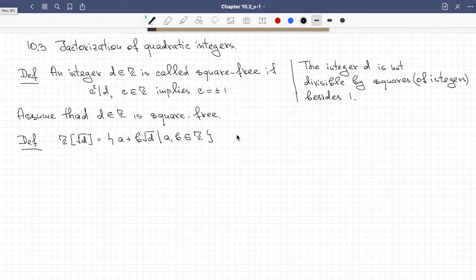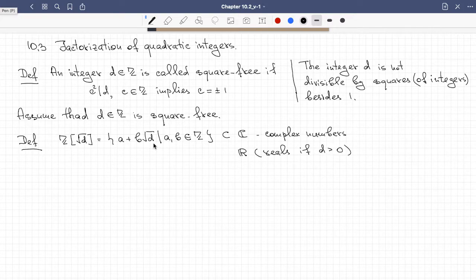That is a subset and actually a subring of the field of complex numbers, or real numbers sitting inside complex numbers if our integer d is positive.